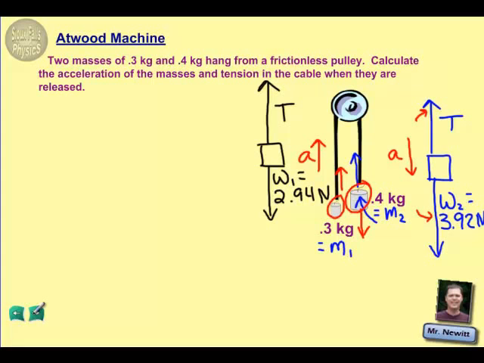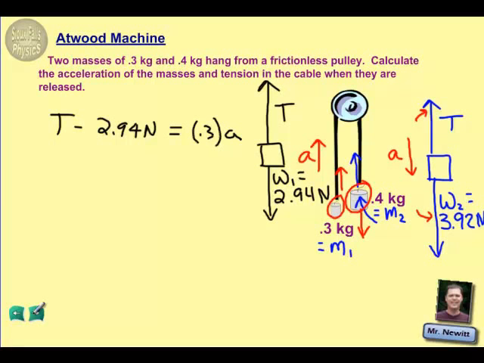And we know that in that situation the tension in the rope minus the weight is going to give us that net force that is acting on that 0.3 kilogram mass. And so that net force has to equal the mass, 0.3 kilograms, times its acceleration.